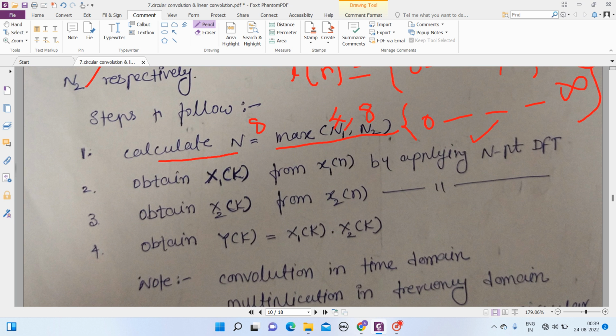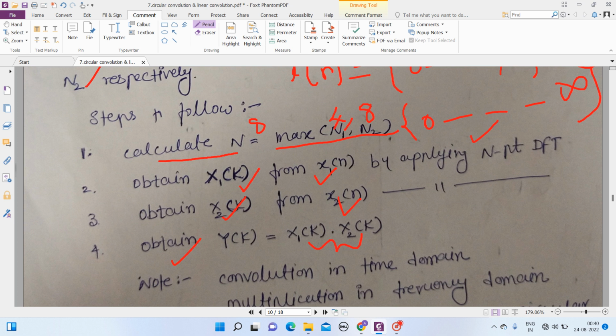Second step, we have to determine the DFT of x1 of n. Usually we represent it as the DFT x1 of k, right? Again we have to find out the DFT of x2 of n, that is x2 of k. Finally we have to find out the convolution of the two sequences, that is the DFT of x1 of k and x2 of k.